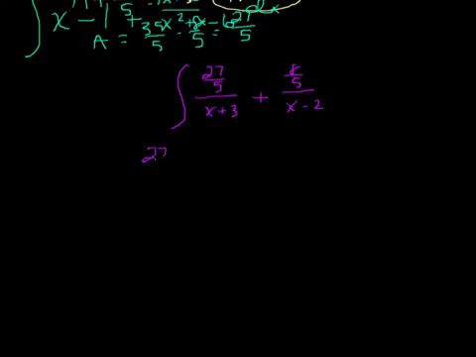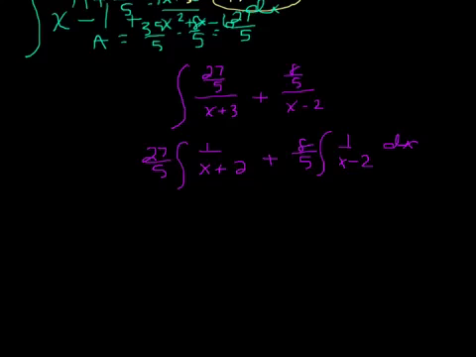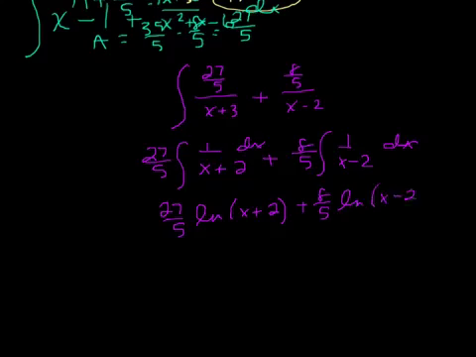That way I'm going to take those out so it's not so ugly. This one I'm taking an 8/5 out, and I have 1 over x minus 2. The derivative of what's on bottom is 1 for both of those. So I have 27/5 times the natural log of x plus 3. I have 8/5 times the natural log of x minus 2.